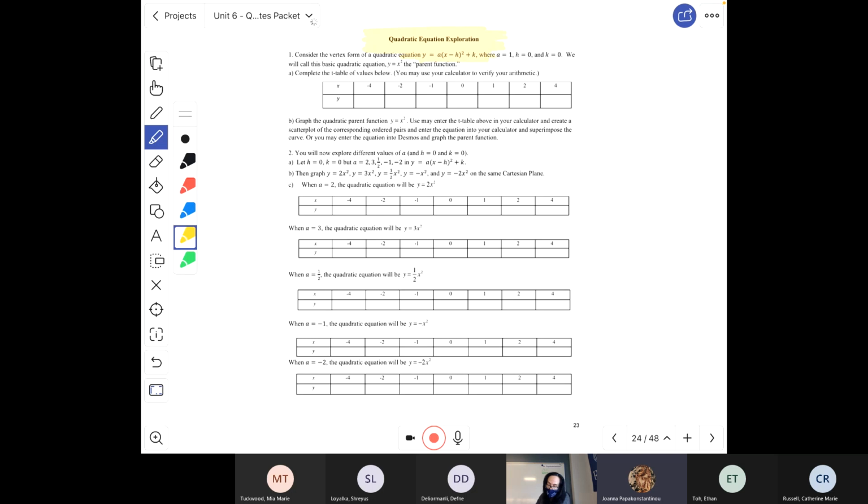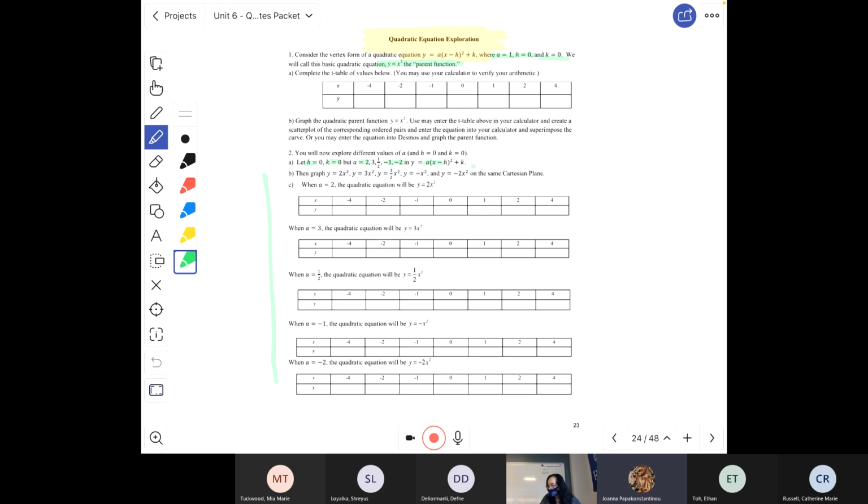So you've been given this equation, and we're just exploring different values of a, h, and k. Just like we had the parent absolute value function and we looked at transformations, how a affected things, how k affected things, this is an analogous exploration where we look at the parent function and then we change these different values of a, h, and k.